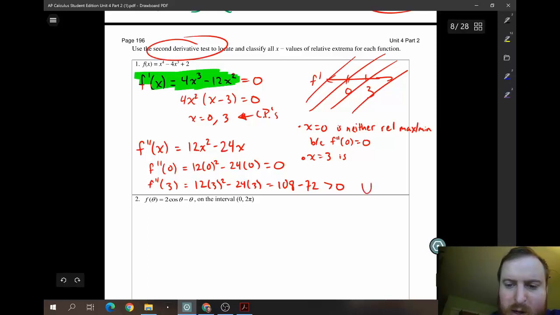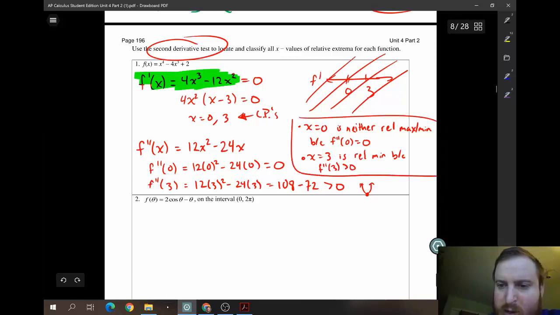Greater than 0 means it's concave up. So if you forget, just draw a little concave up, and oh yeah, that's a minimum because it's at the bottom. So x equals 3 is a relative minimum because f double prime of 3 was greater than 0. So that's the explanation using the second derivative test. And you'll get just as many points for this as if you had done it our old way.